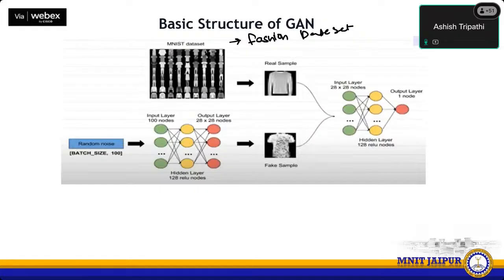And how this GAN model is going to work on this particular data set. This is the same thing that I have already discussed, but this time I am discussing it with a real-world example, so that we can visualize it even better. So this is the MNIST data set.